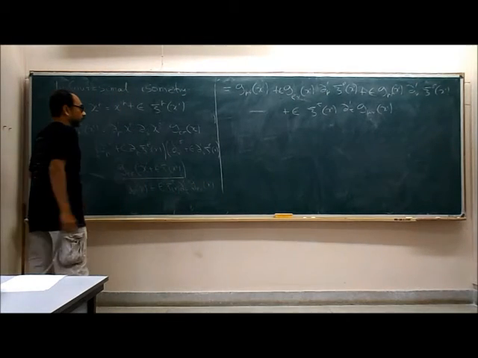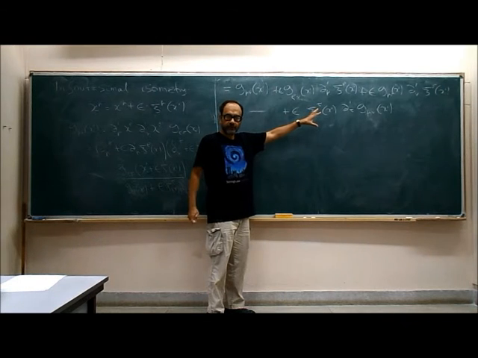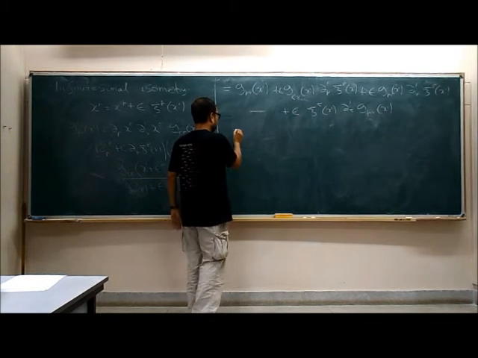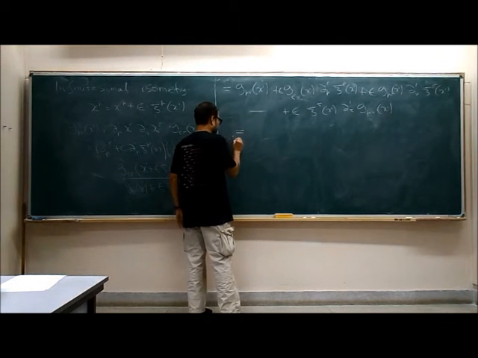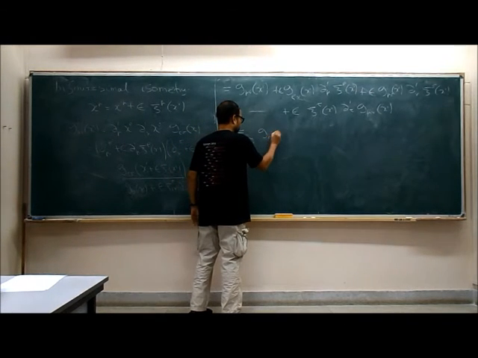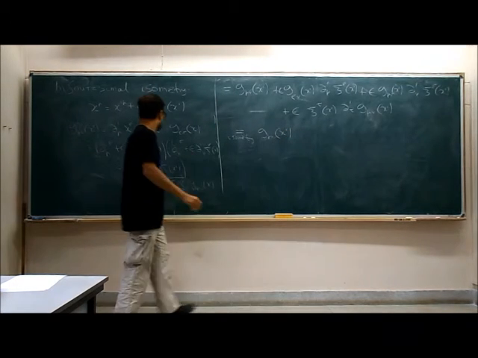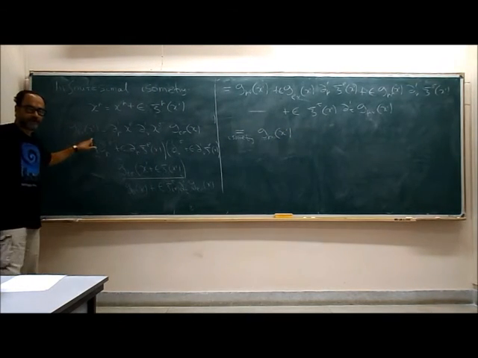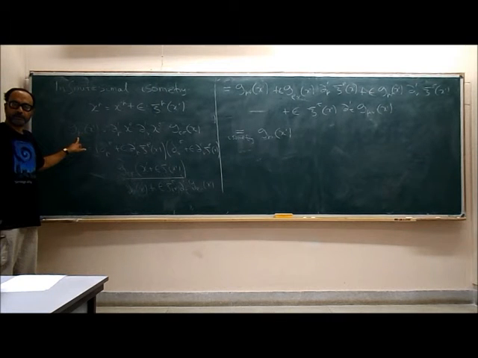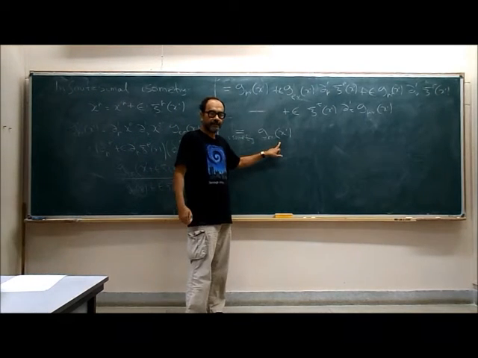So far I have not said anything about isometry. But now we note that if we want this to be an isometry, then it must be g_μν of x'. That was the statement of isometry. The g'_μν should be g_μν, with the same argument. So g'_μν of x' should be g_μν of x'. That's the statement of isometry.